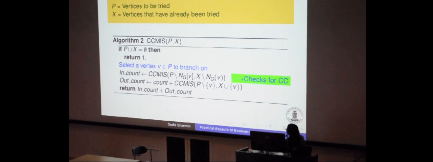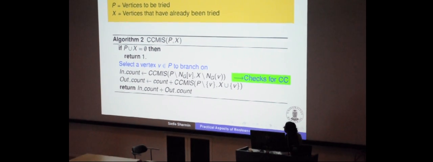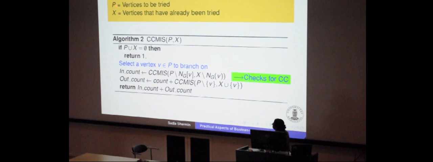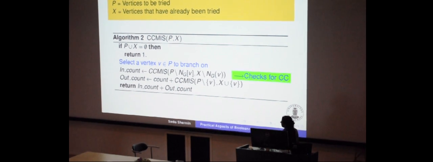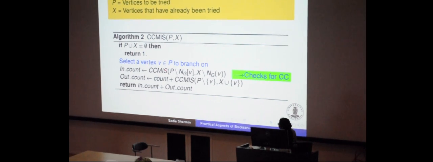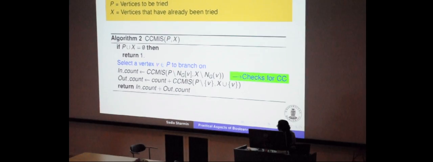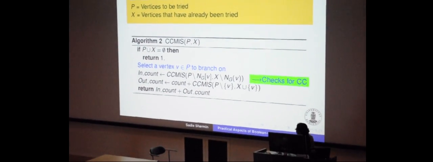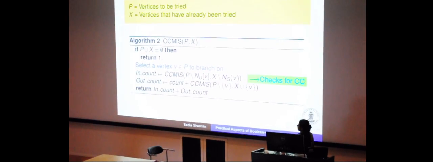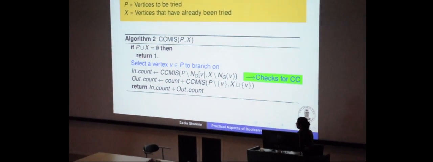Given two vertex sets P and X, it will count all the maximal independent sets including some vertices from P, but no vertices from X. But we have to dominate the vertices in X somehow. And then select a vertex from P, and count all the maximal independent sets including the vertex and excluding the vertex. So the summation of these two will be the maximal independent sets in P.